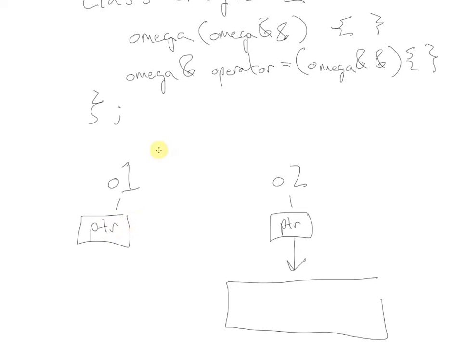With both these operations, the object being moved from has its pointer to underlying data assigned to null, and the object being moved to has its pointer assigned to the other object's underlying data, in essence stealing it.